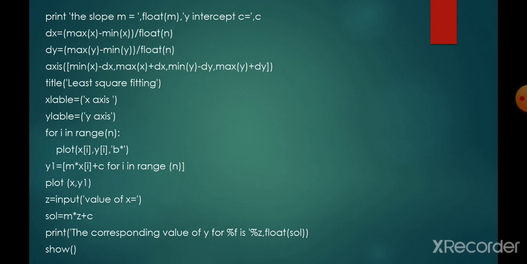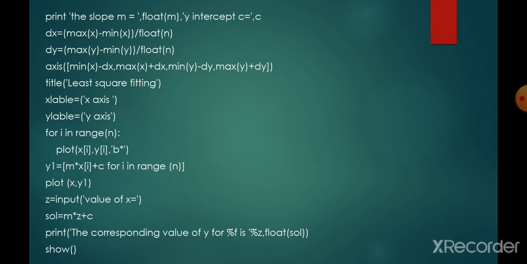Plot xi yi b. When we get the plot of the curve, then y1 equal to m star xi plus c for i in range of n, to find the value of y.